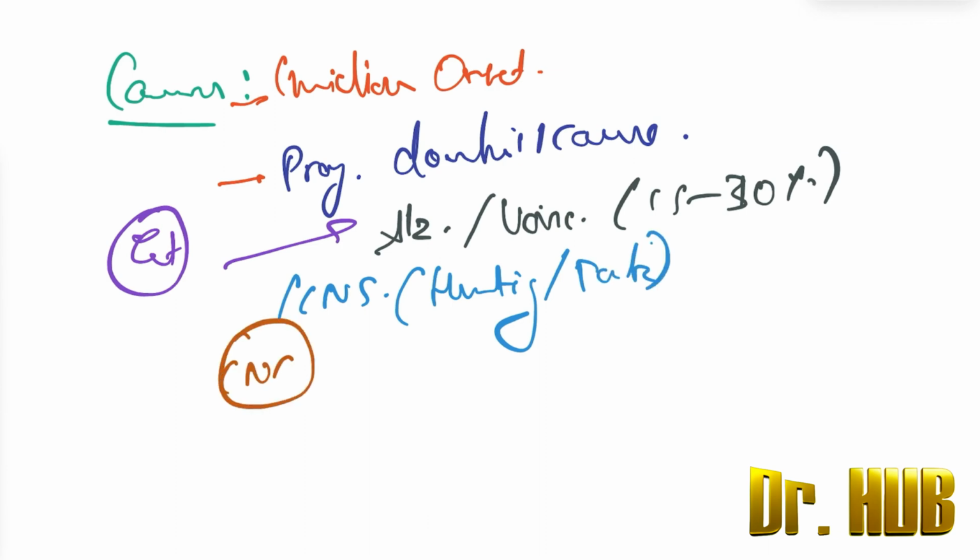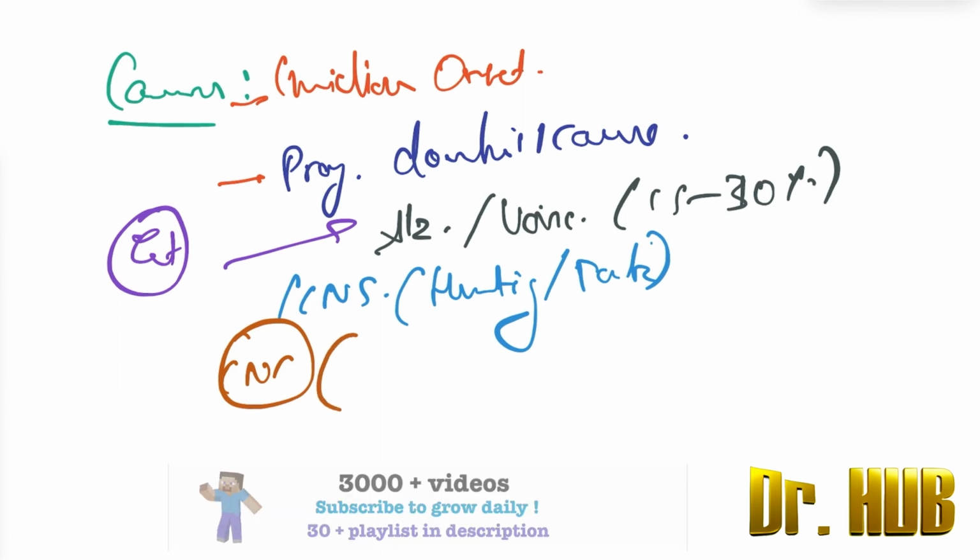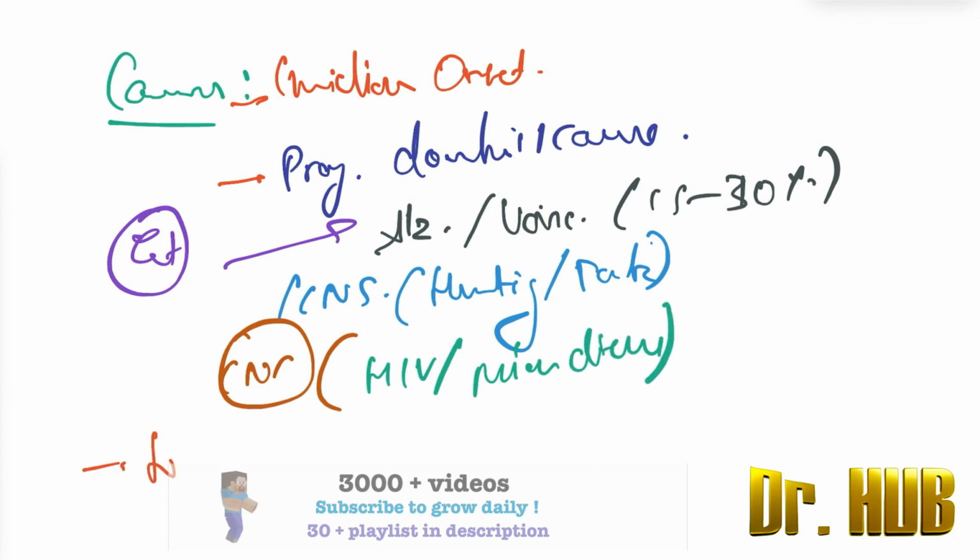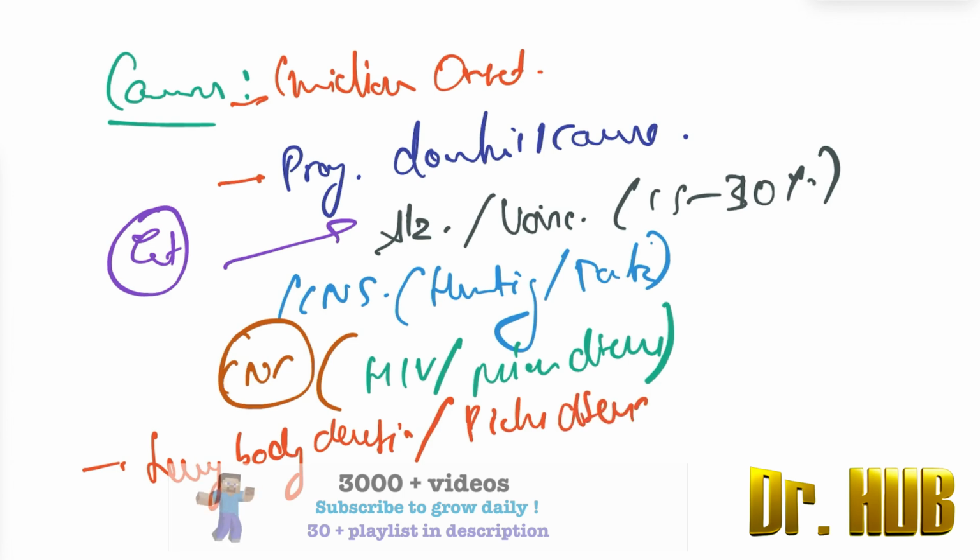Then we look at CNS infection, which is HIV as well as prion diseases. Then there is Lewy body dementia. Then comes Pick's disease, which is frontotemporal dementia, FT dementia.